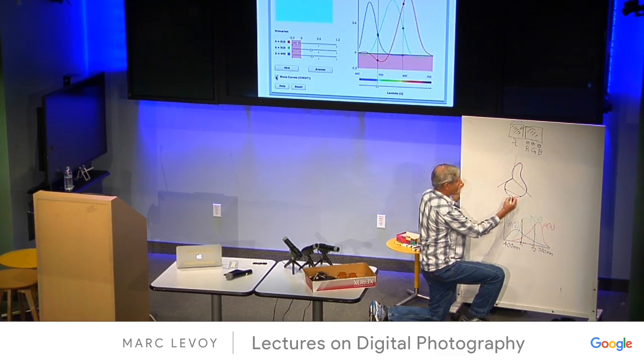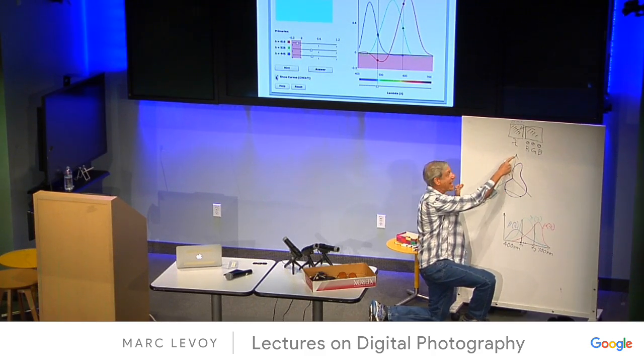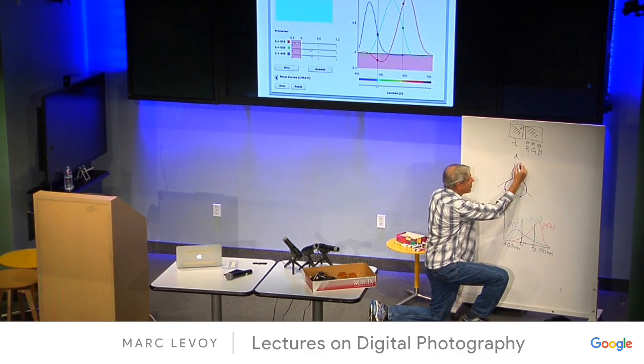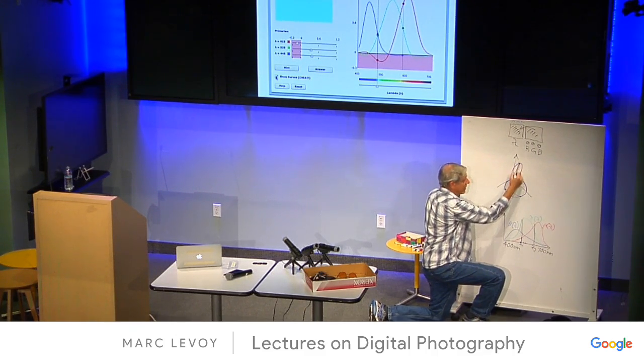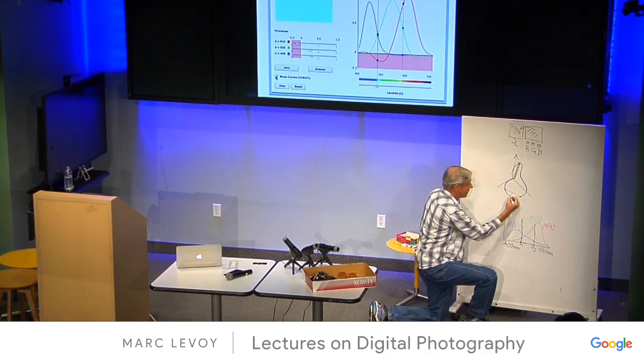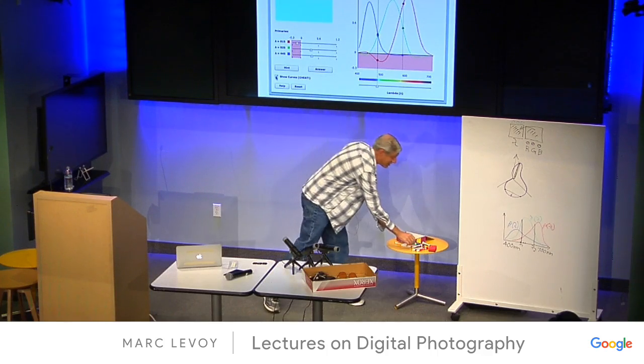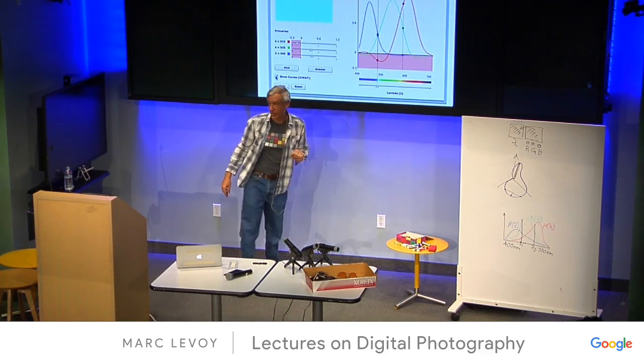And so you could think about this as requiring a negative amount of this. In other words, you'd have to add a little bit of this primary to the other side in order to bring yourself out here. You'd have to desaturate the stimulus. And that's represented as the negative amounts here.